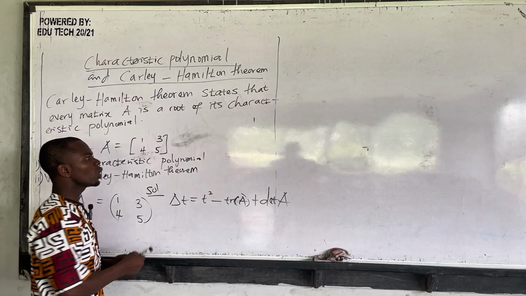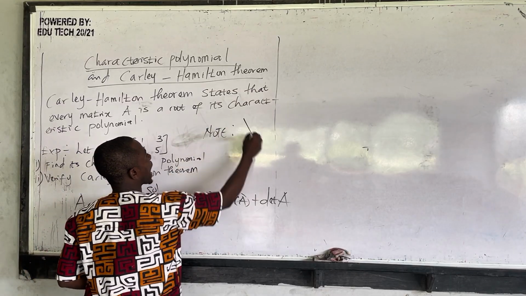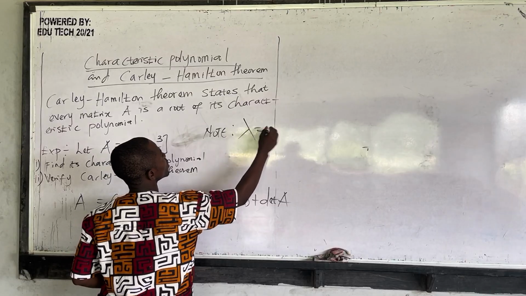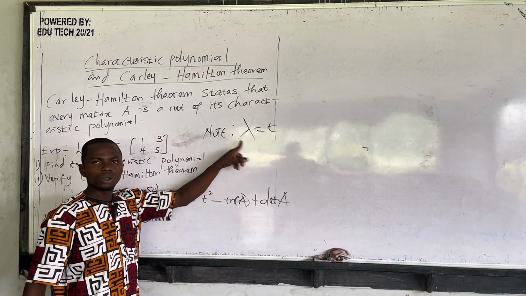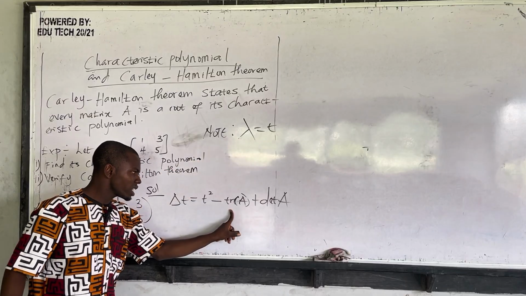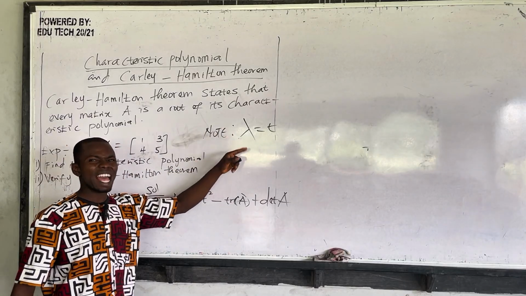Note, because it can be confusing, that the eigenvalue is represented as t here, so instead of writing eigenvalue, we represent it as t.